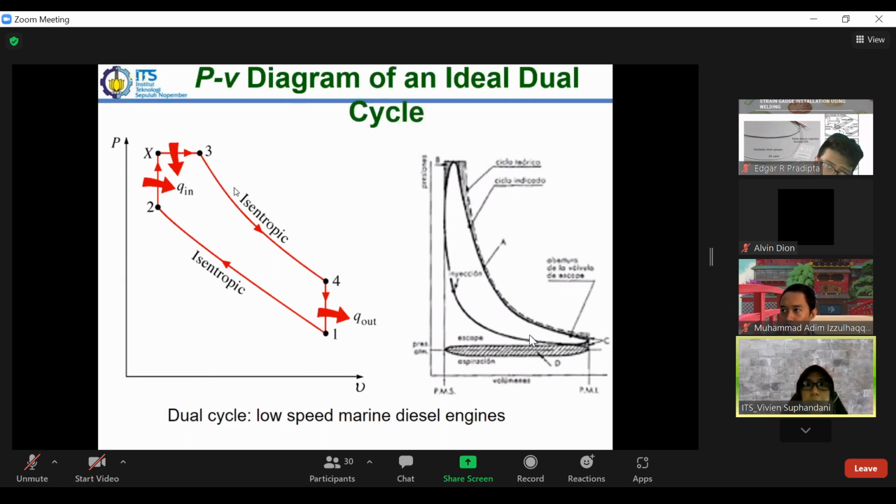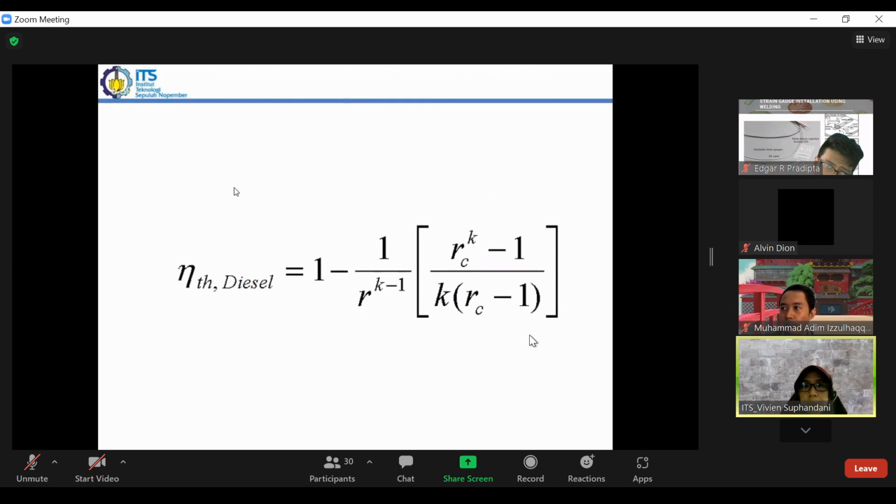Right. Now we will see the efficiency that we have from thermodynamics. We will not discuss this again because you have learned this in thermodynamics, but we will see how the combustion process works in the diesel engine. This is the theoretical, thermodynamic efficiency of a diesel cycle, where r is the compression ratio and rc is the cut-off ratio.